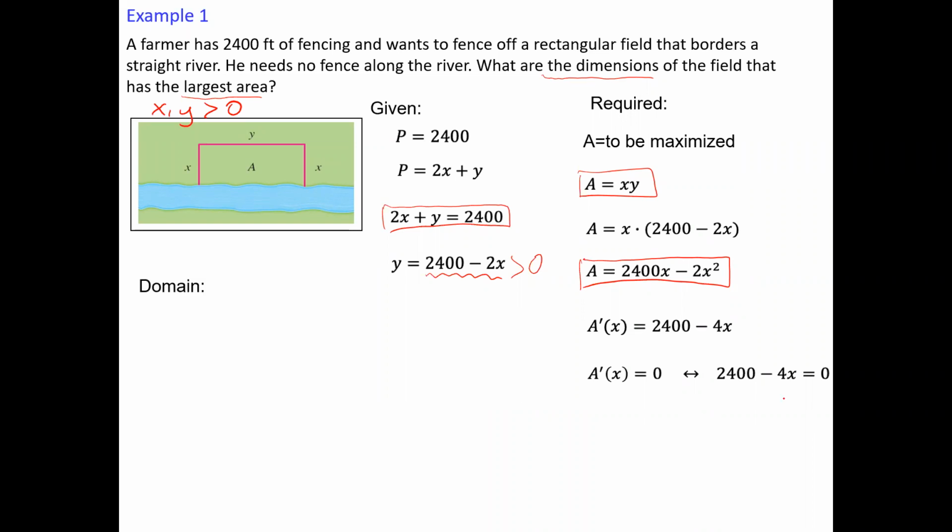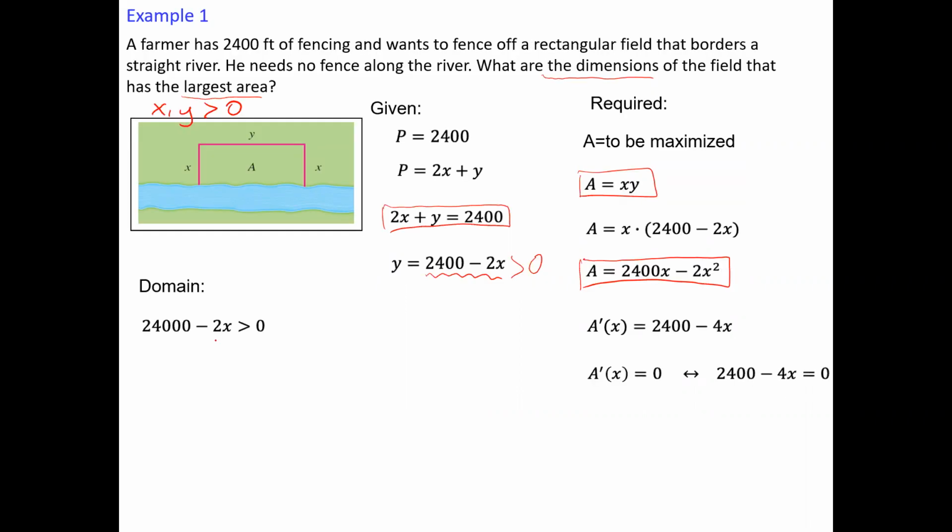And then x is, oh, I didn't solve it yet. Oh, okay, now I have the domain. That's what I was looking for. So we can see negative 2x is greater than this. When we divide by negative 2, x is actually less than 1,200 and always positive.